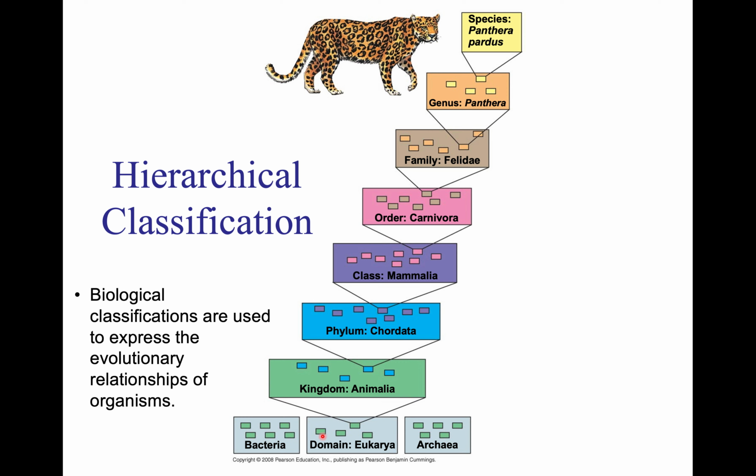I do want you to know the order of these nested groups from most broad to most specific, and there are a number of different tricks you can use to remember these. But take a few minutes and see if you can drill this into your head: domain, kingdom, phylum, class, order, family, genus, species.